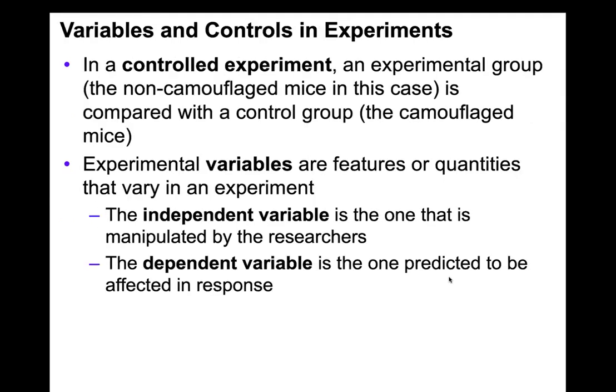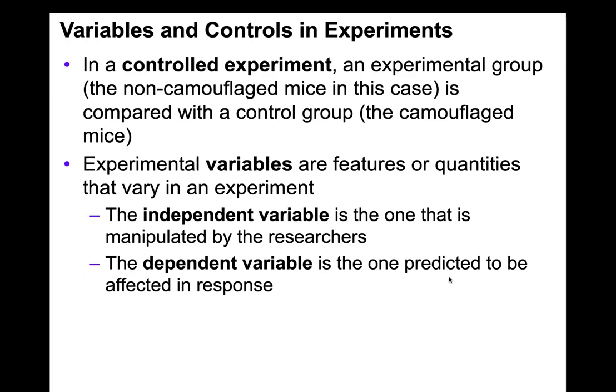In a controlled experiment, an experimental group, the non-camouflaged mice in this case, is compared with a control group, the camouflaged mice, in the case study that's listed in your book here. Experimental variables are features or quantities that vary in an experiment.